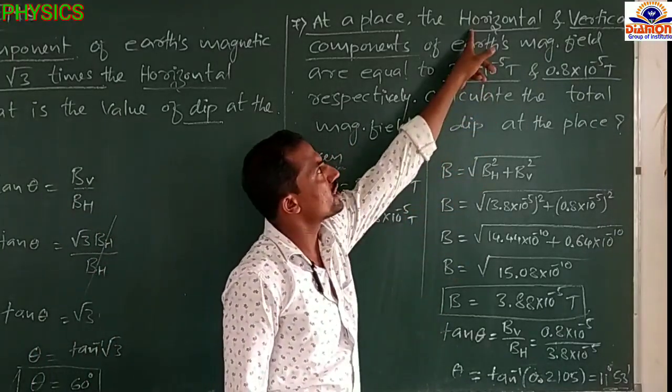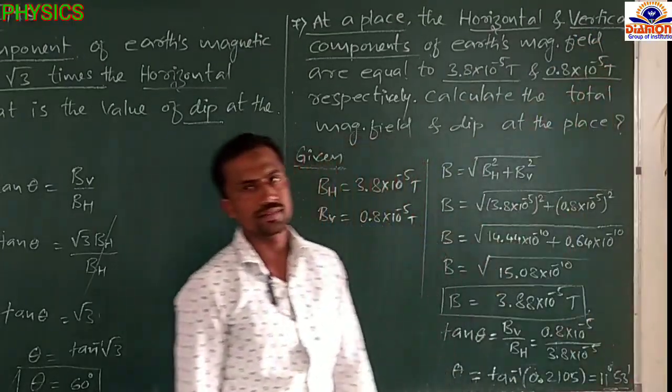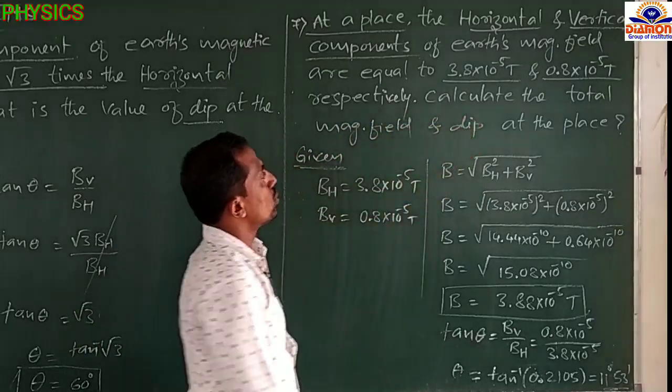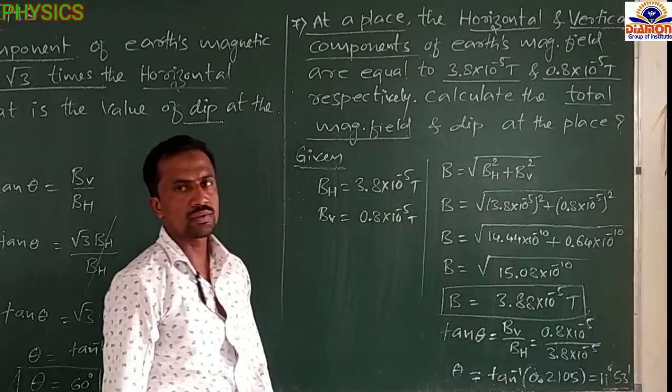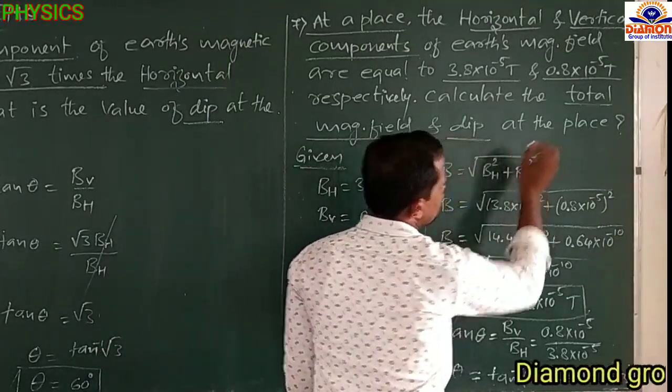This one is the horizontal magnetic field, and this one is the vertical magnetic field at the place. Calculate the total magnetic field and dip at the place.